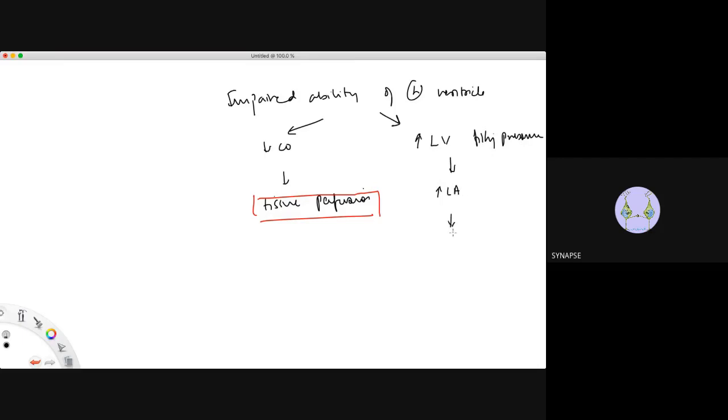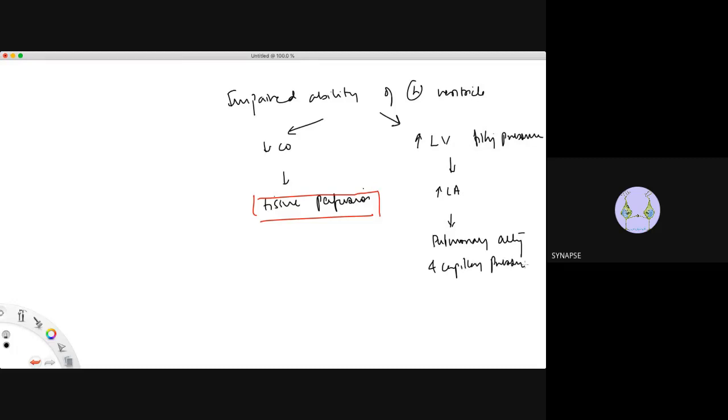That's back pressure, right? Do you follow me? So the left atrial pressure, which is increased, is again going to communicate further with the pulmonary arteries and the capillaries. So there's increased pulmonary artery and capillary pressure.